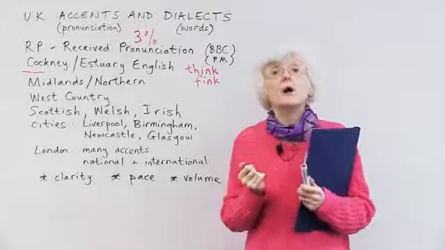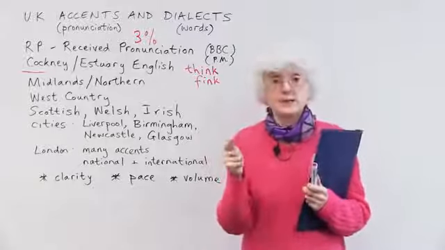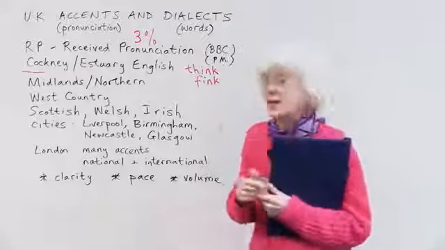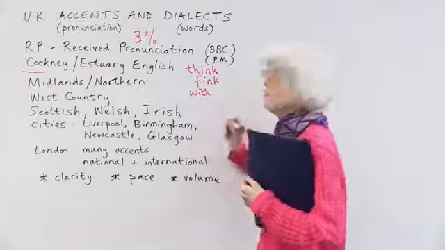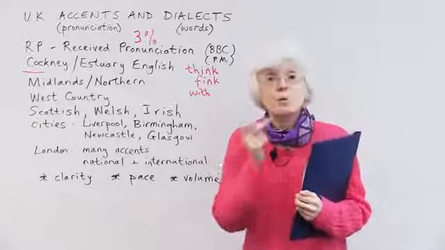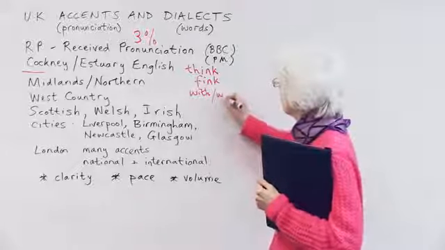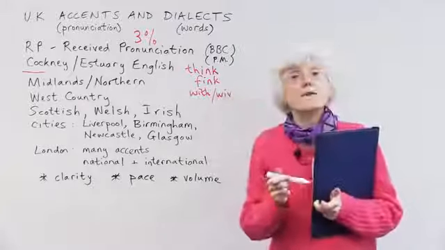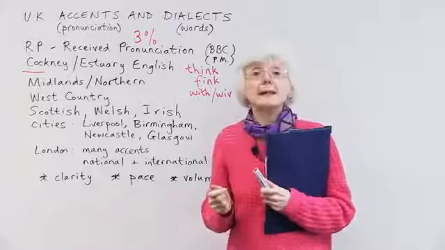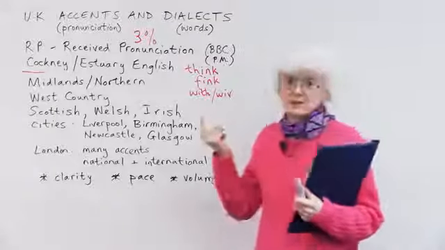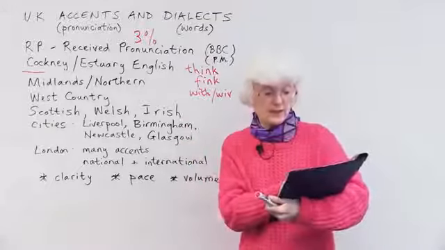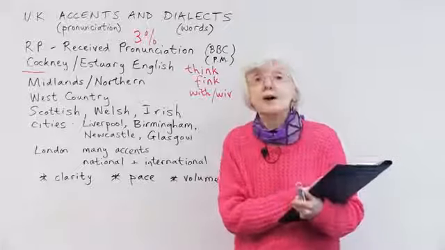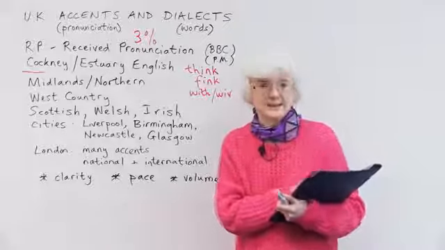And words like with, that end with the TH, instead of with, it will be wiv. Are you coming wiv me? So that is one of the things that happens with the Cockney accent. Words like together would be togevver.